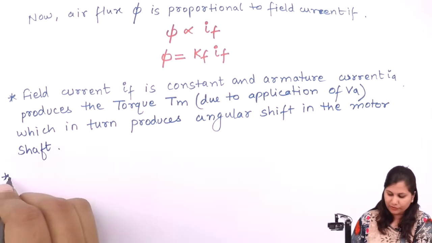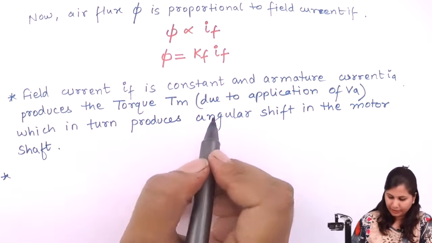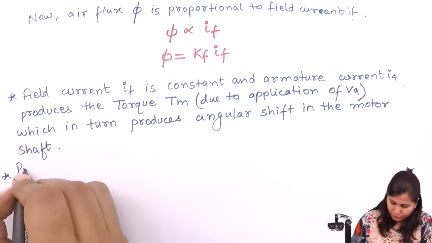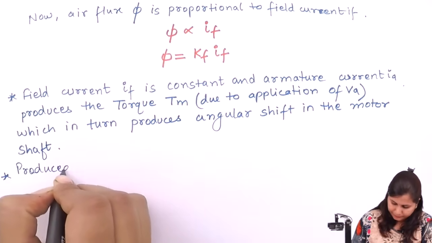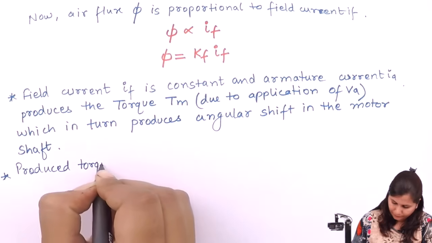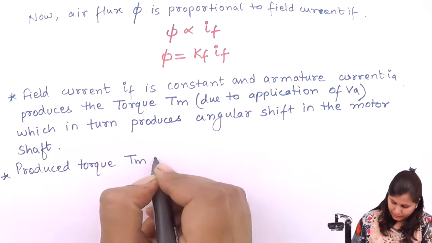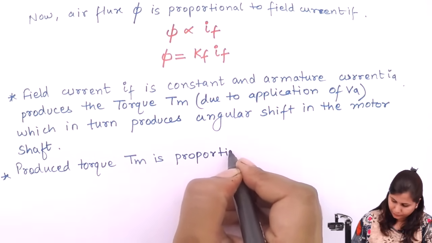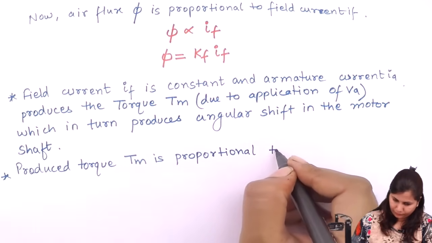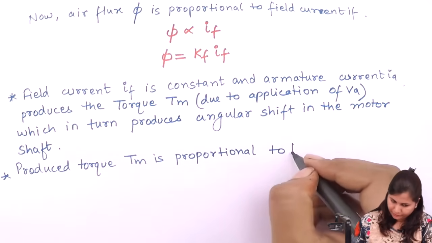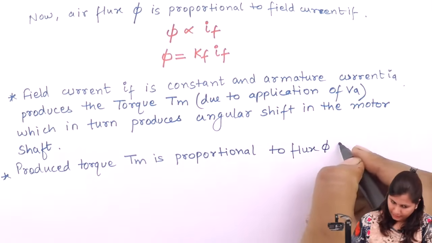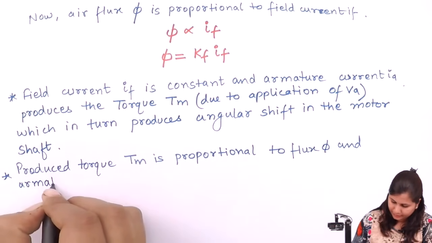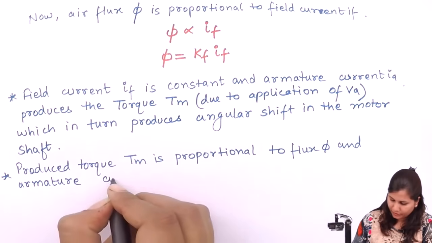Now this torque which is produced, that is Tm, is proportional to this flux phi. So the produced torque Tm is proportional to the flux phi and the armature current Ia which is producing it.